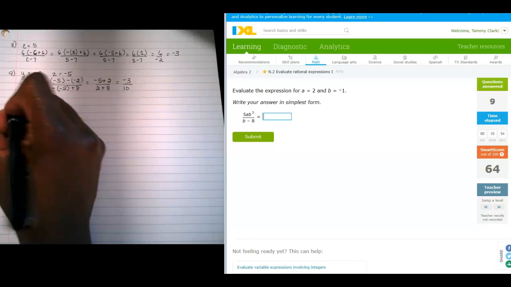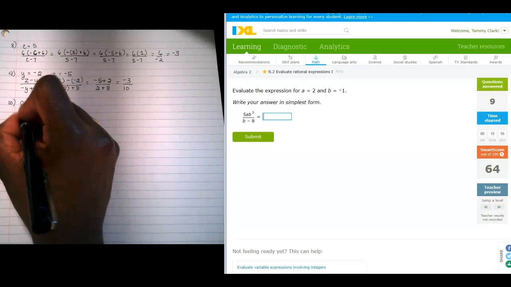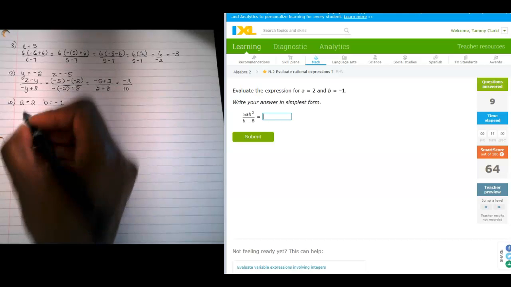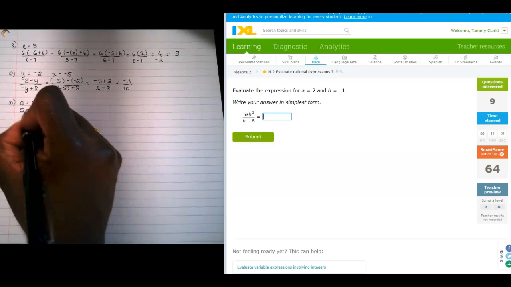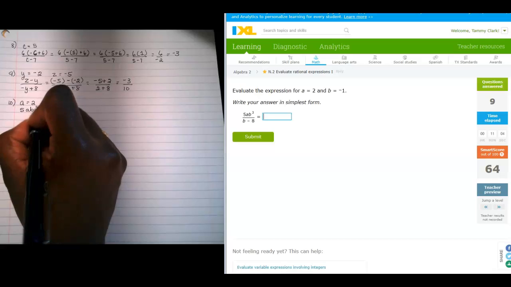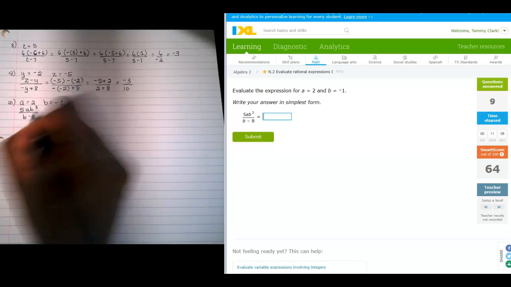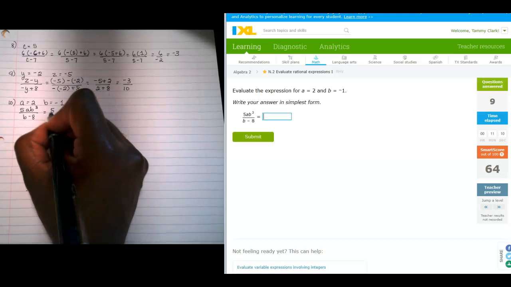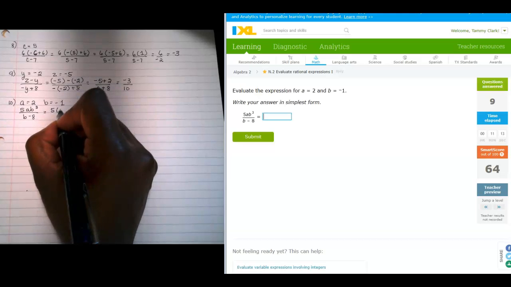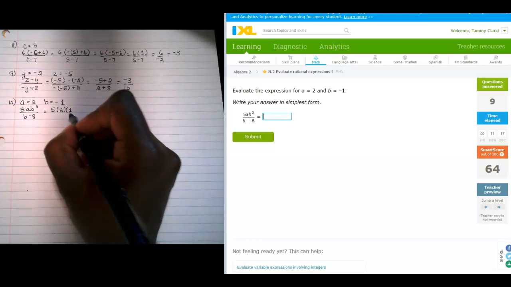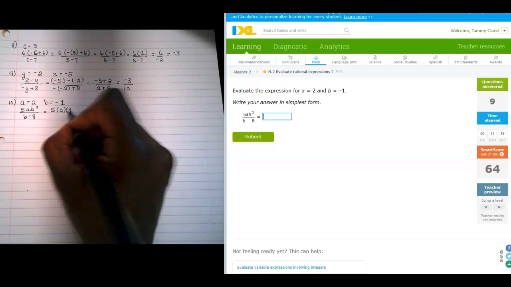Look at number 10 itself. We've got a is equal to 2 and b is equal to negative 1. So we've got 5 times a times b cubed divided by b minus 8. We're going to replace a with 2 and b with negative 1.